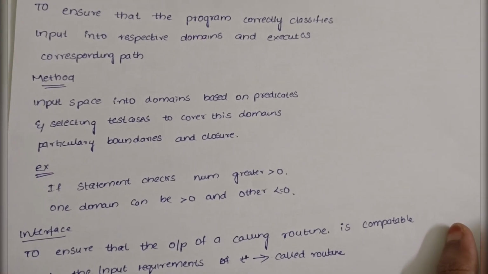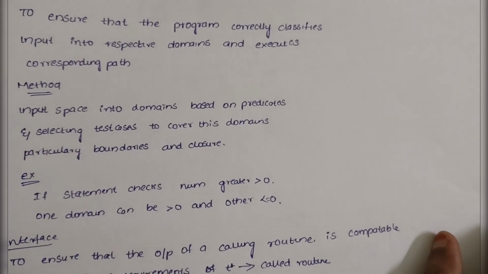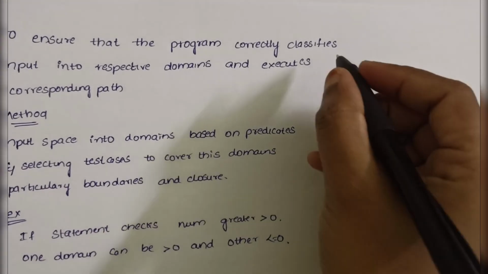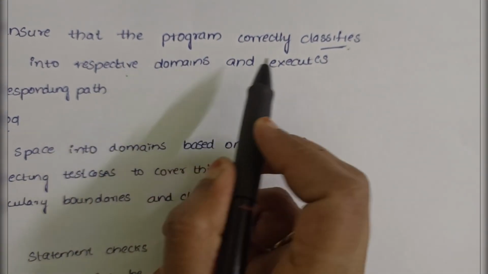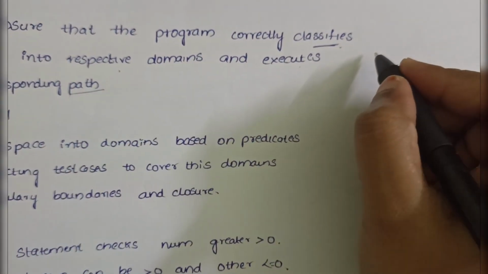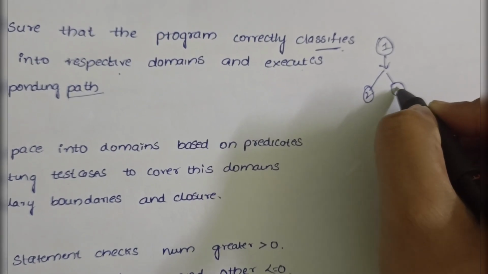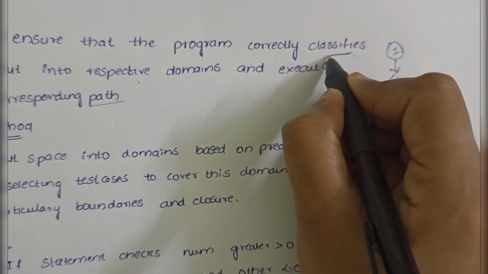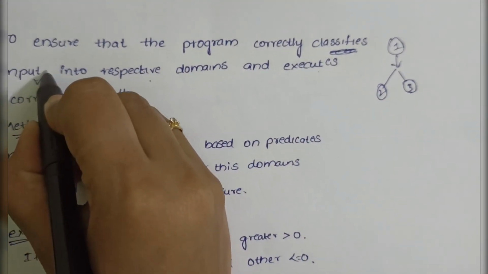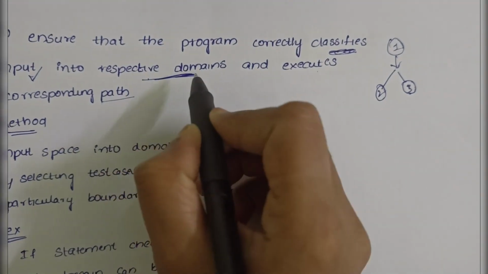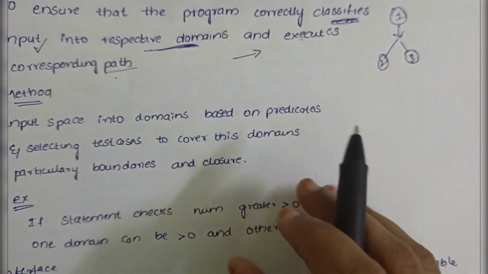In domain testing, the main goal is to ensure that the program correctly classifies the input values into respective domains and executes the corresponding path. In previous videos we have seen what is meant by a path. This domain classifies input into respective domains for executing the corresponding path.